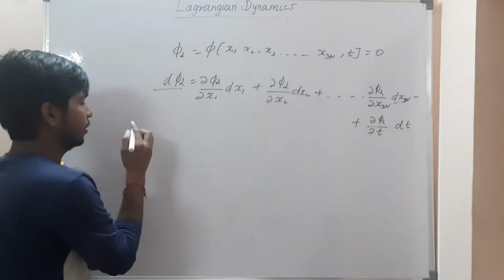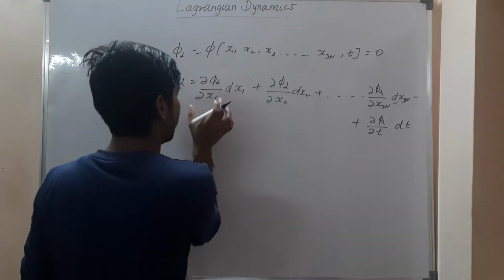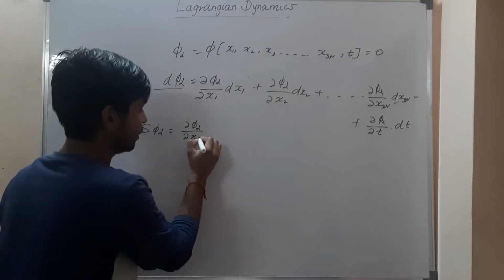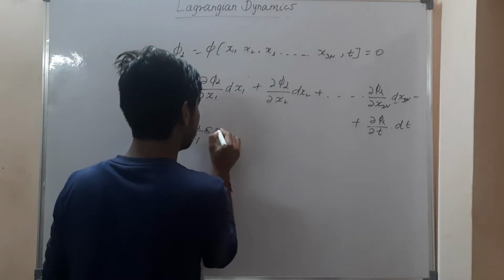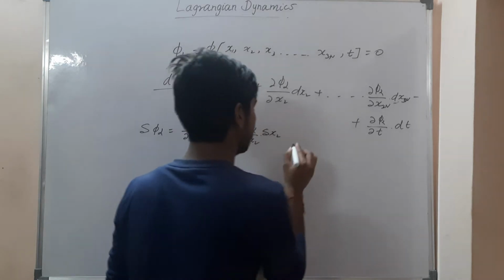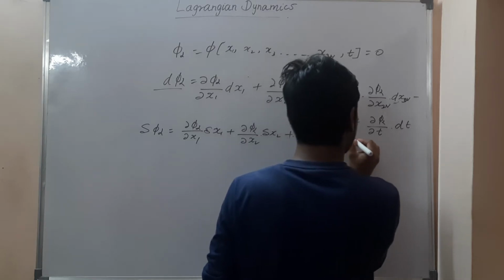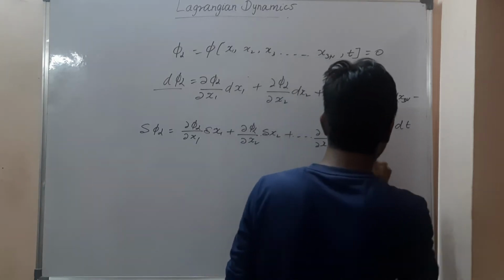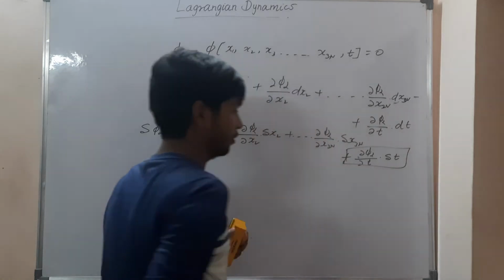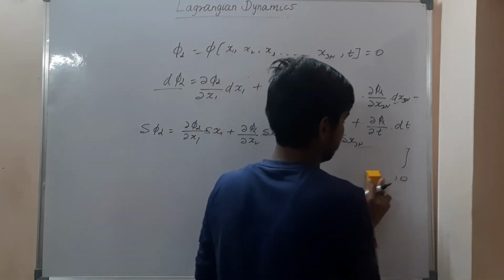Now if I take a virtual displacement, I will write it again. So phi alpha, this will be the same, and it will change to delta x1. Similarly, partial phi alpha by partial x2 delta x2, like this, up to x3n, plus the partial t term. Here we are taking time constant, so that will be 0 and it will get removed, so we get this much expression.